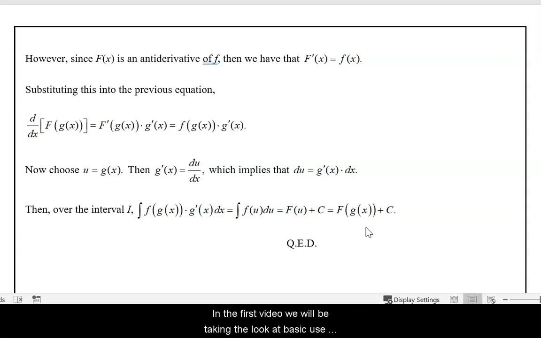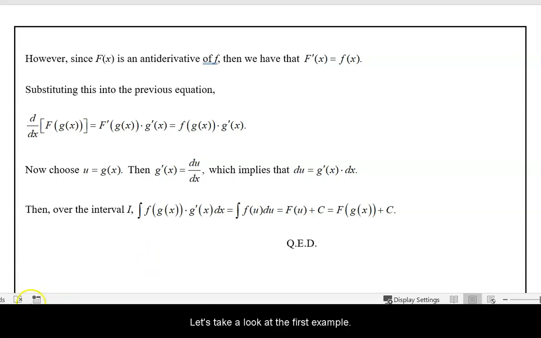In the first video, we will be taking a look at basic u substitution for both the indefinite and the definite integral. In the second video, I'm going to take a look at what I call tricky u substitutions. These are u substitutions that are not obvious and for which you need to be shown the trick at least once so that it might occur to you in the future that you could do it again.